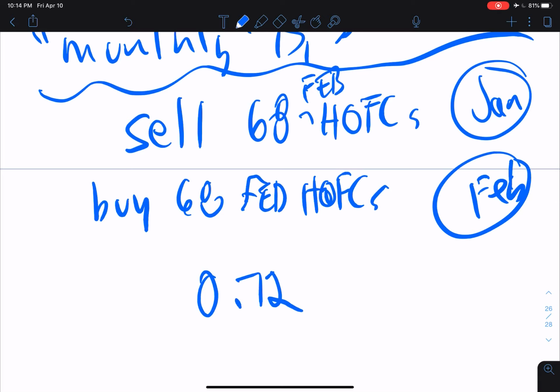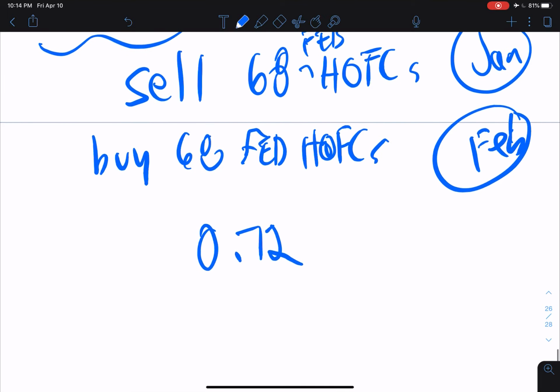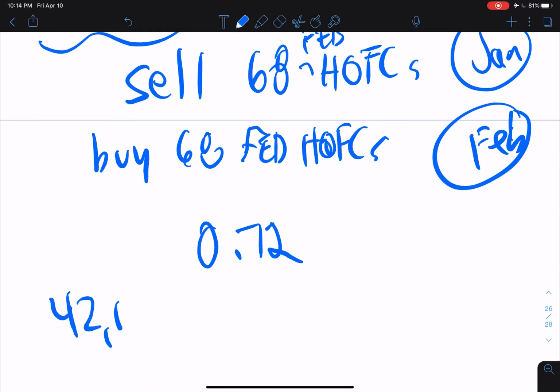Okay? Well, if it's 0.72, keeping in mind that the standardized size of a heating oil futures contract is 42,000 gallons, right?